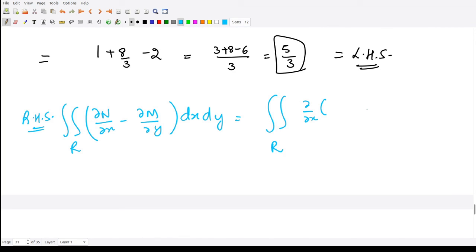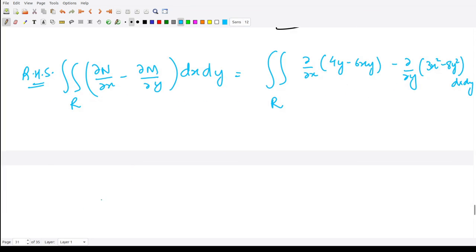The value of n is equal to 4y minus 6xy, minus del by del y of m. M is 3x square minus 8y square, dx dy. So let's first simplify this and then we'll move on to the limits.